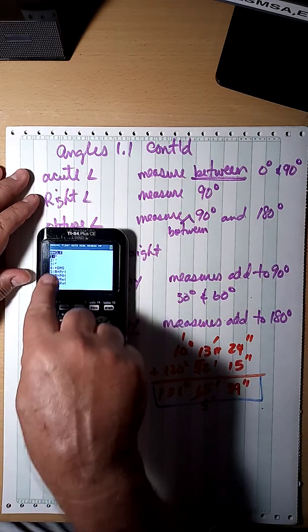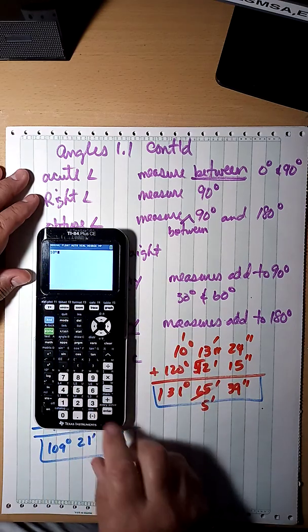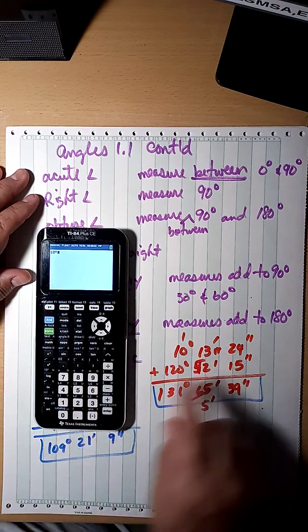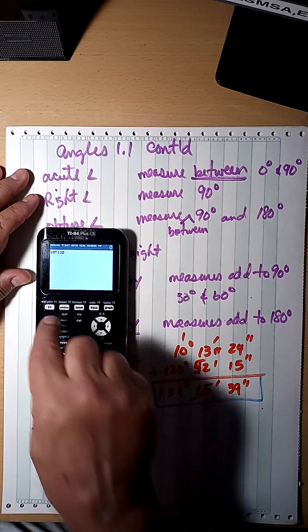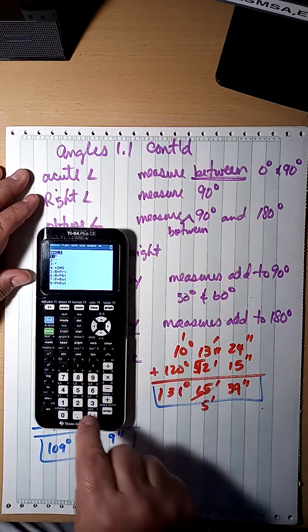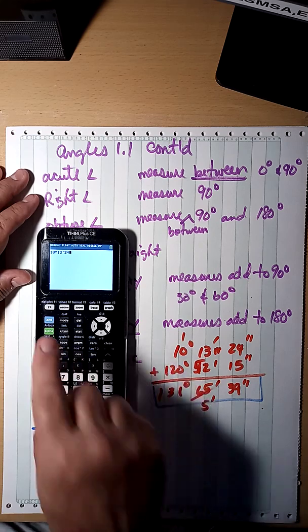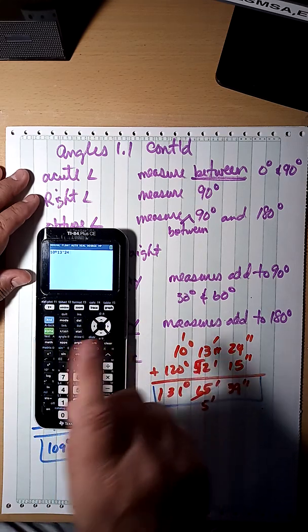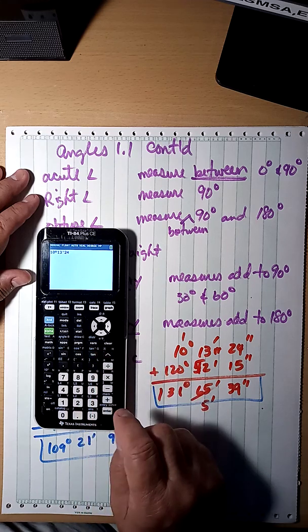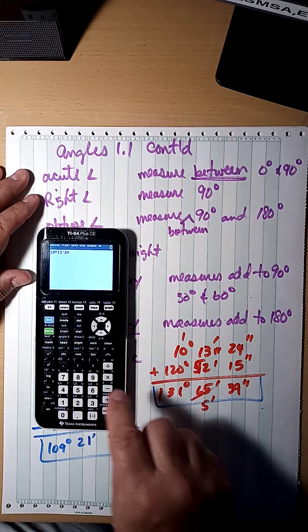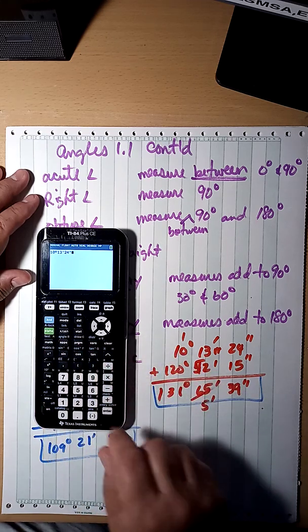So we can pick the degrees and the minutes from that. So 10 degrees, 13 minutes, second apps number 2, and 24 seconds. There is not a degree mark in the angle directory. We use the double quote, alpha.